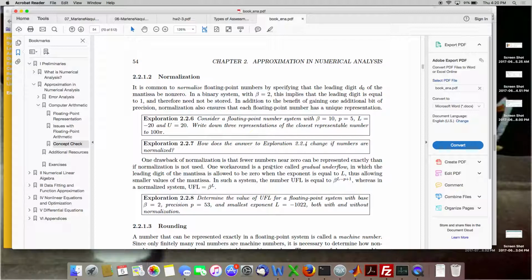Since you only have 5 digits, if you make some of those leading digits 0 and the rest non-zero, then you're going to lose accuracy. Because 100 pi has infinitely many decimal places, these representations of 100 pi will have different levels of accuracy. So rounding also comes into play.